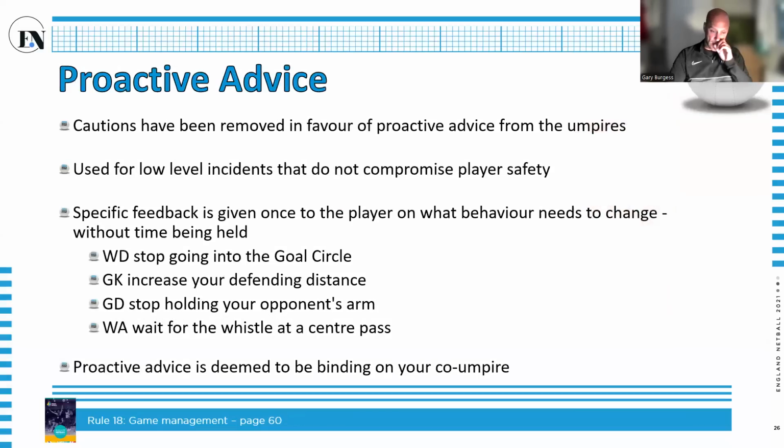Now, one of the big changes, as I said, to address this number of infringements and umpires giving out game management without following it through, is that cautions have been removed in favour of proactive advice. Now, what I will say is this does not mean that we jump straight to proactive advice without using our effective umpiring techniques.